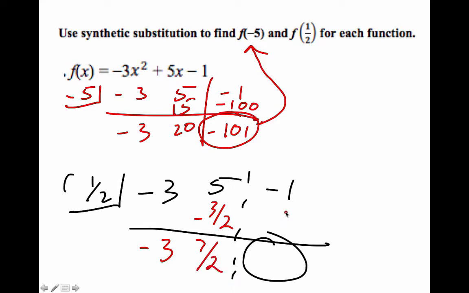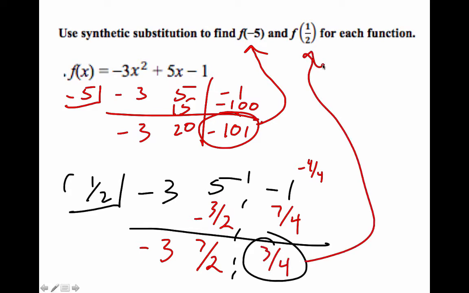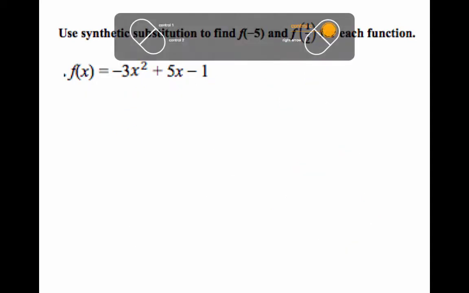We love fractions. A half times 7/2, 7/4. This is -4/4 plus 7/4, 3/4. So my answer for f of a half is 3/4. So if you don't believe me, you can plug those into f of -5 and f of a half, but I think this is pretty great.